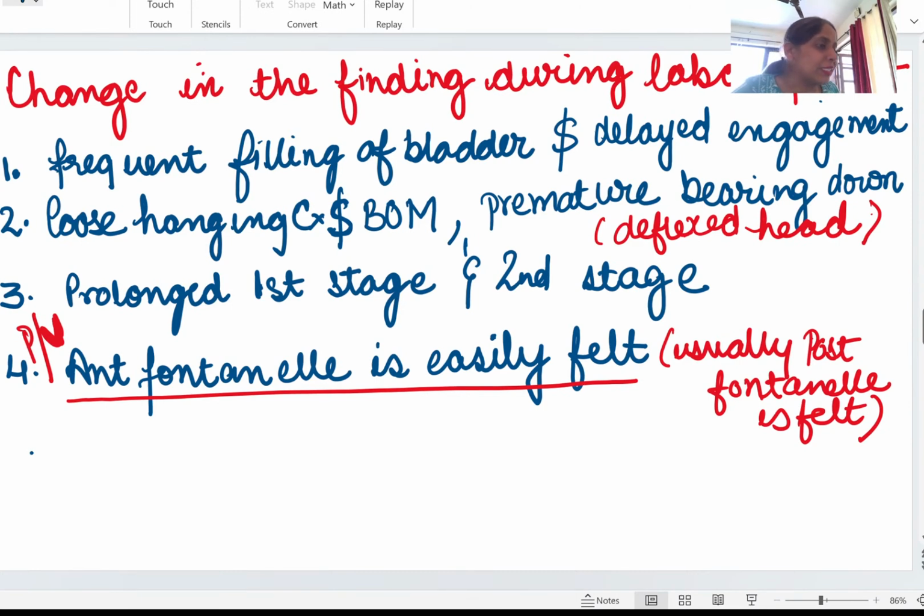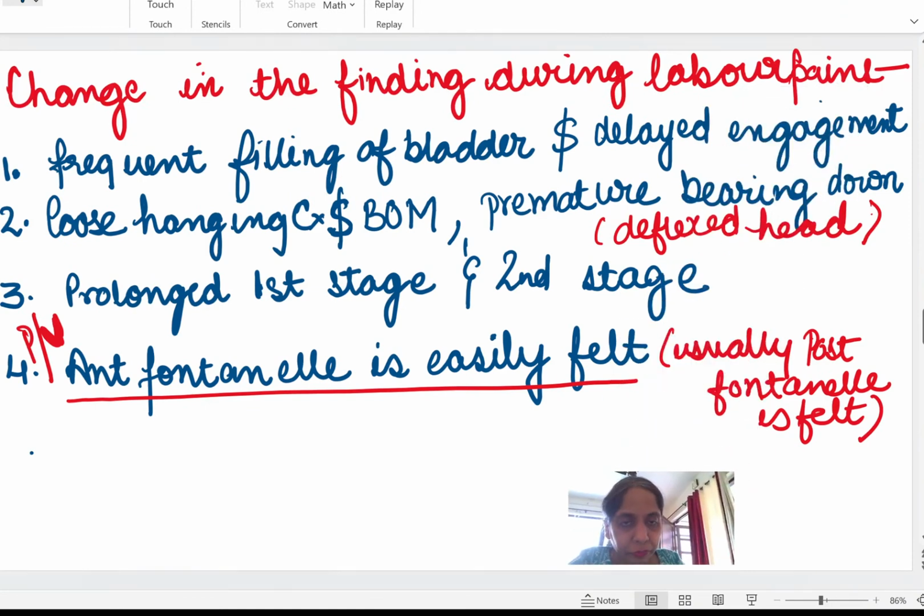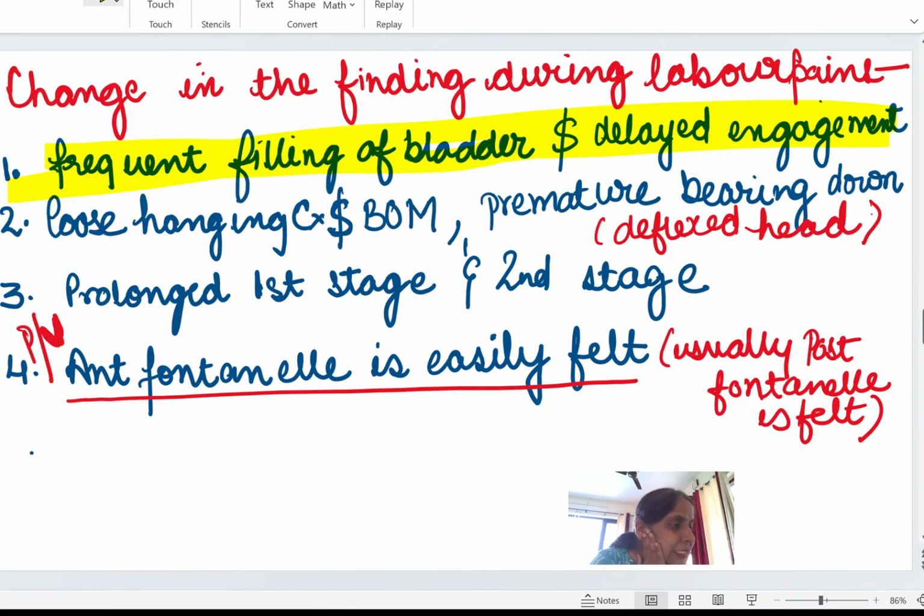Okay. What are the changes during the labor? Please note the key points. Frequent filling of bladder and delayed engagement. Just listen to some important points. In the occipito-posterior, the head of the fetus is deflexed.